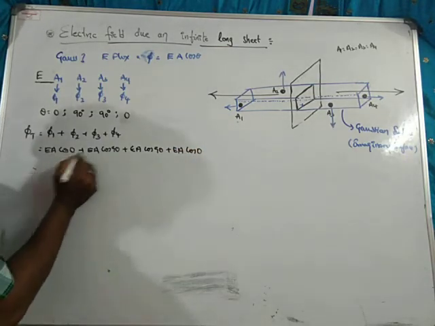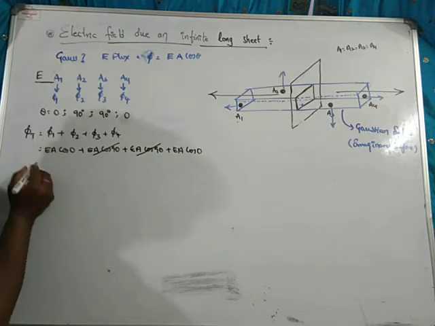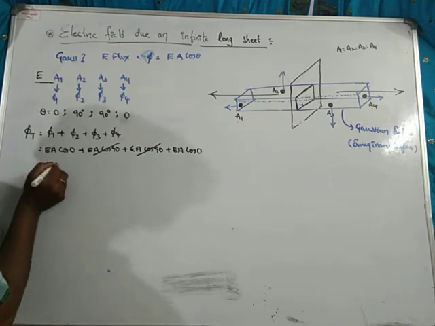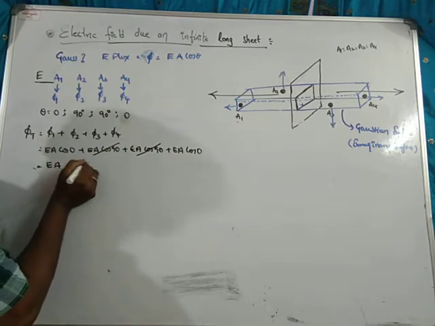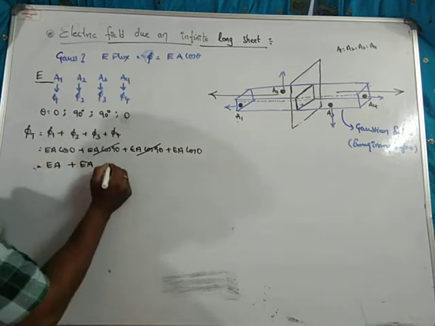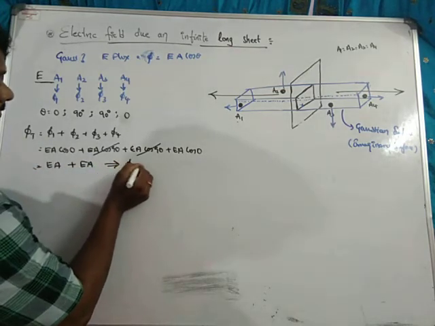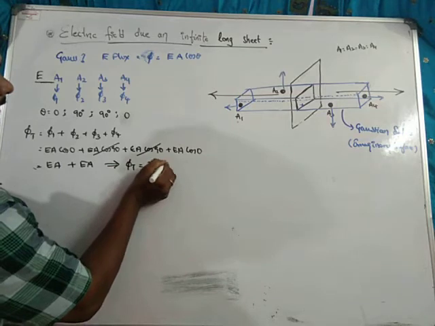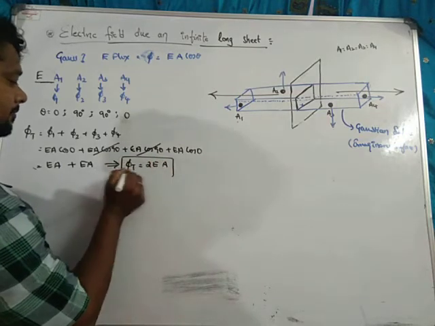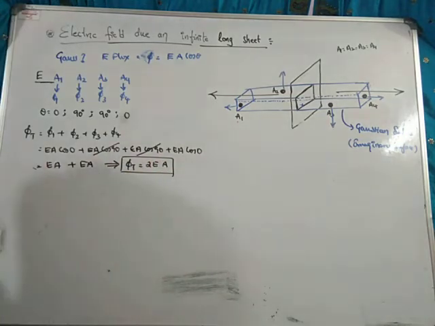Cos 0 is equal to 1, and cos 90 terms will be cancelled. We get EA plus EA, so total flux is equal to 2EA. So we get the total flux.